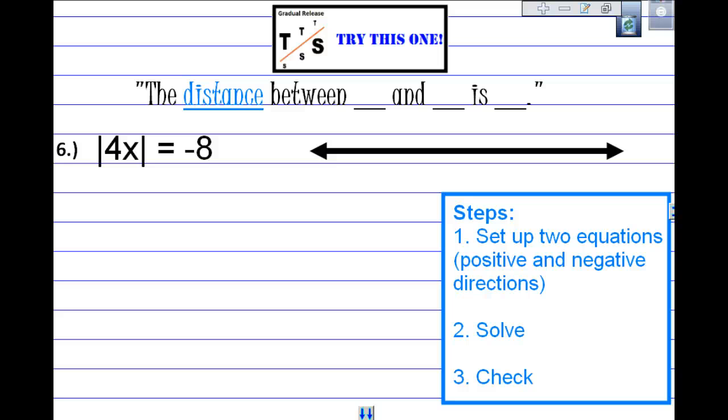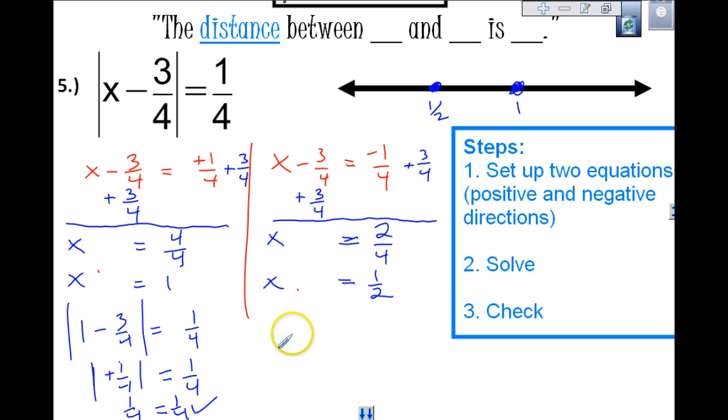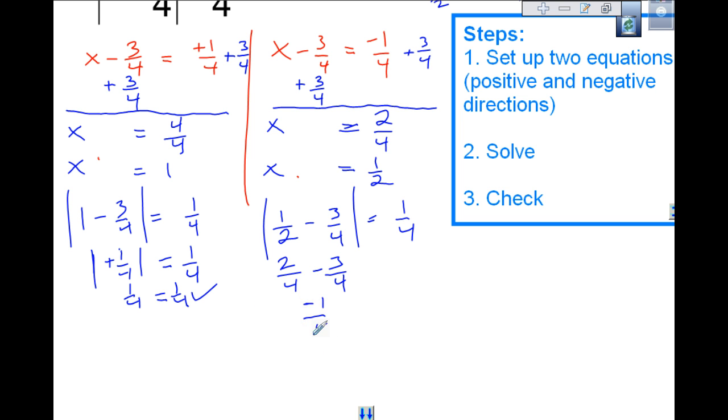How do you check? How we check? Huh, I was right.